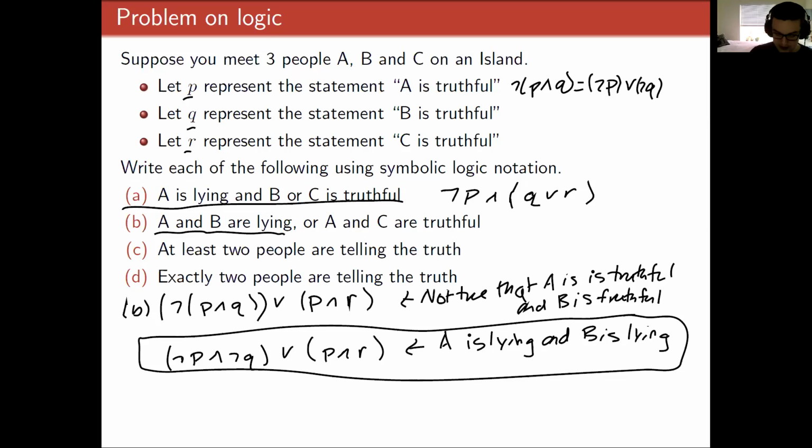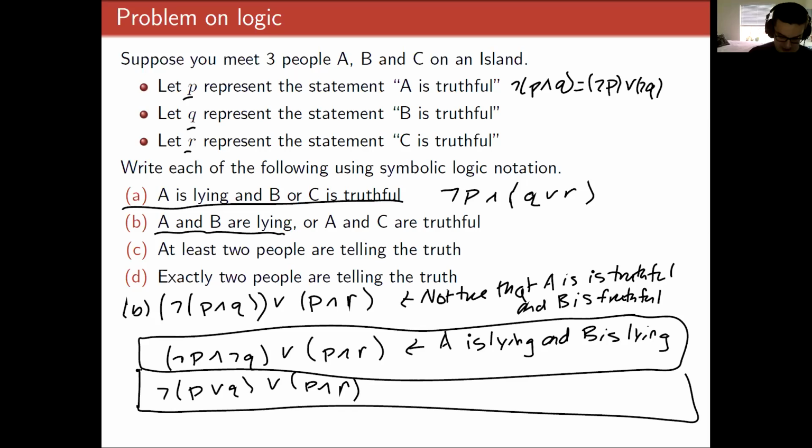Now, we also could use De Morgan's law here, and what would also be equivalent is we could say that it's not true that P or Q, or P and R. And that would be equivalent. So this would be saying it's not true that A is truthful or B is truthful. And that would be an equivalent way of converting that statement into logic.